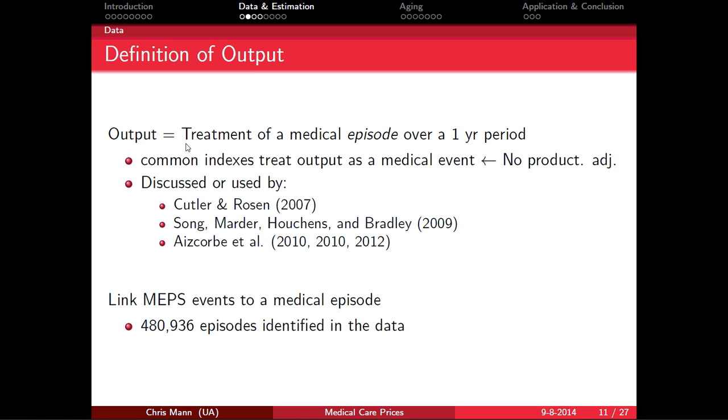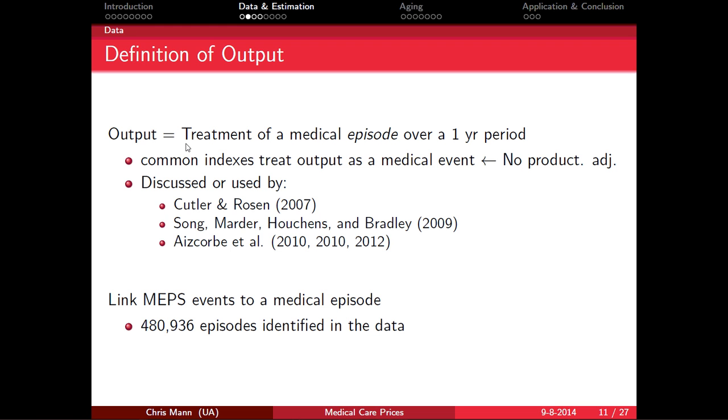Right? Now, obviously it would be more ideal if we had a longer time series of each treatment, but given the data, we have to limit the treatment of the medical episode to only be over 1 year.